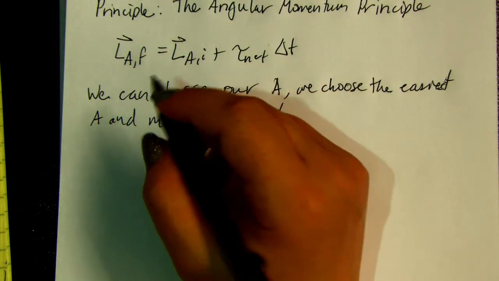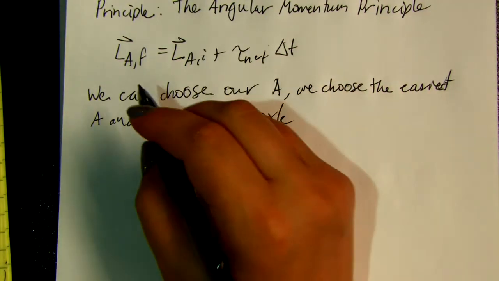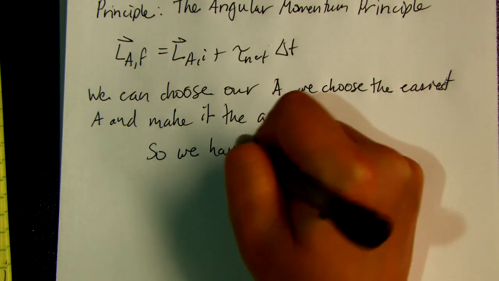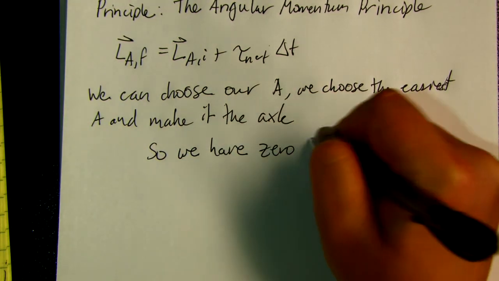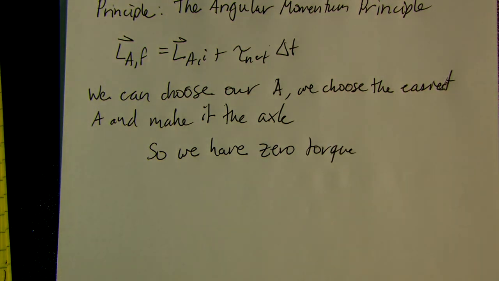All right, so we have 0 torque. There's really nothing providing a twist. Esther's going to collide into the merry-go-round, but that's different than a torque.